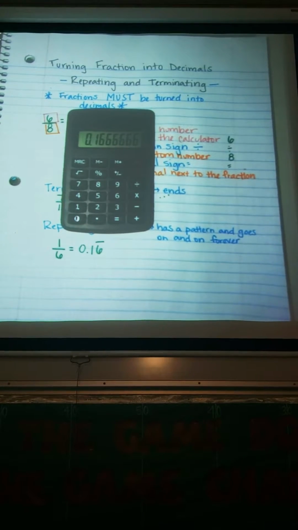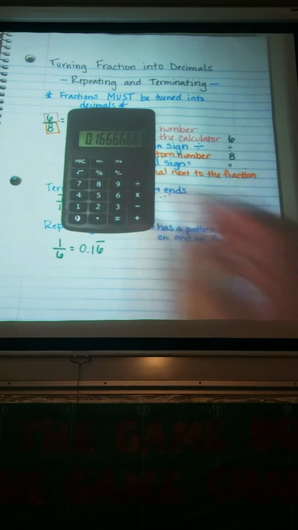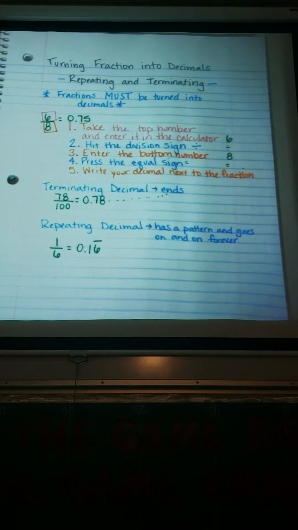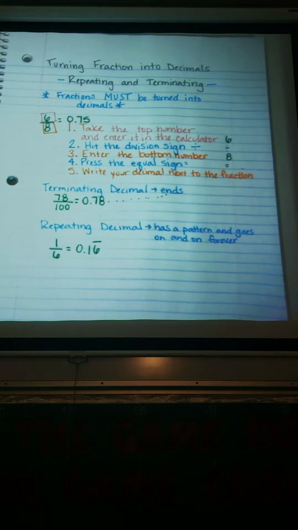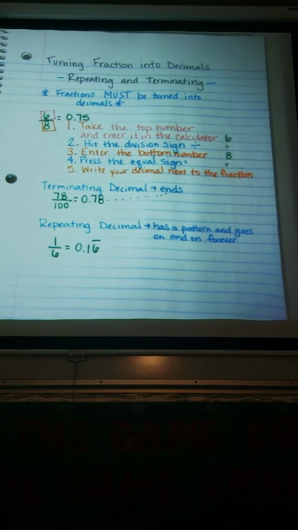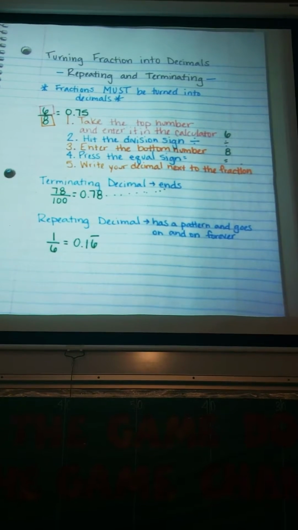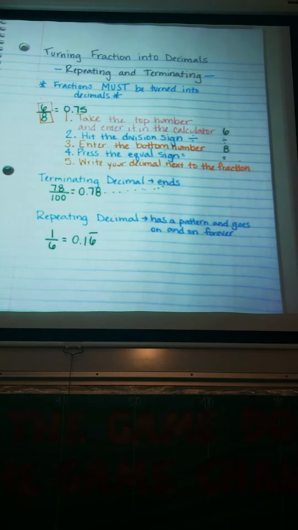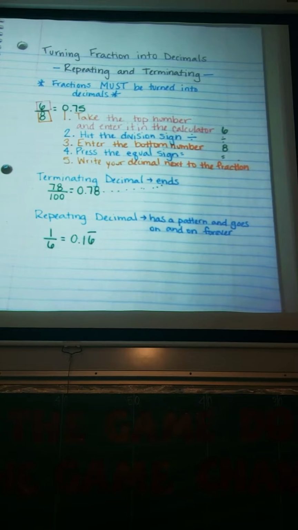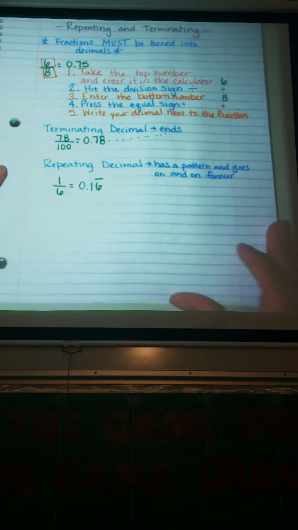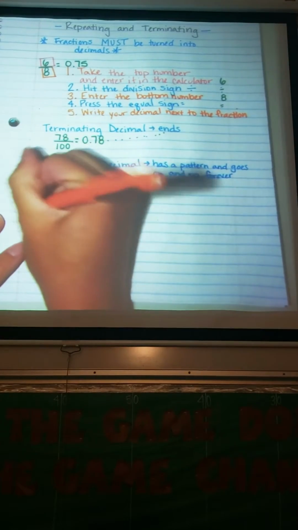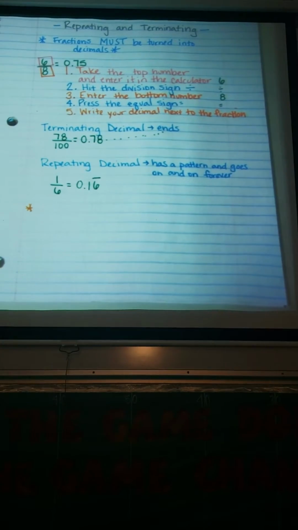Okay. Now we have a couple more things to talk about, and they're more rules that you just have to know. It's not things that you have to do. So it shouldn't be extremely difficult. So one of the rules that we're going to talk about is when you have a mixed number. Okay? So this is important.